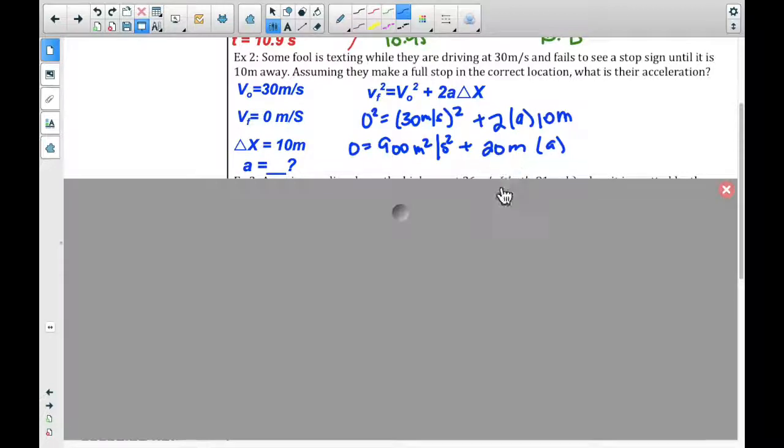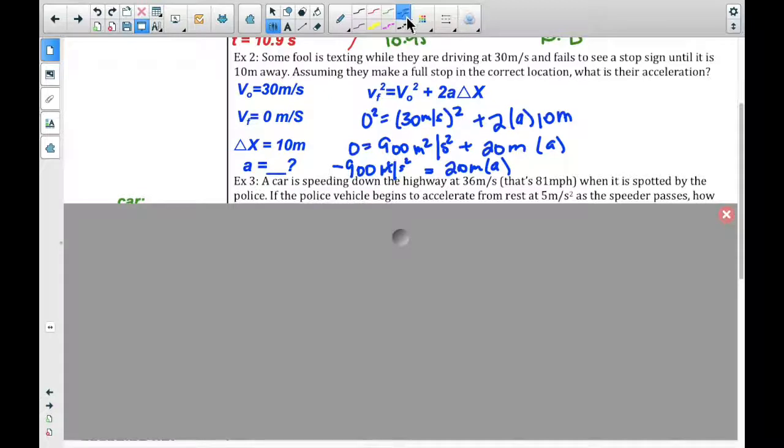One thing is I need to move one of these to the other side. It doesn't really matter which one. I'm going to subtract my 900. That's kind of messy, but that says negative 900 meters squared per second squared is equal to 20 meters times a.